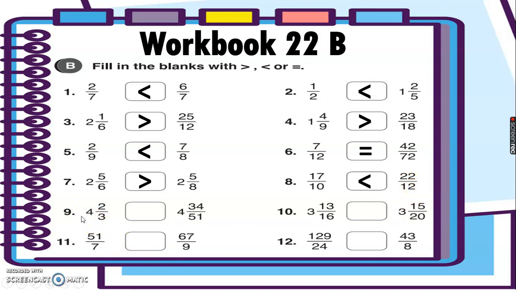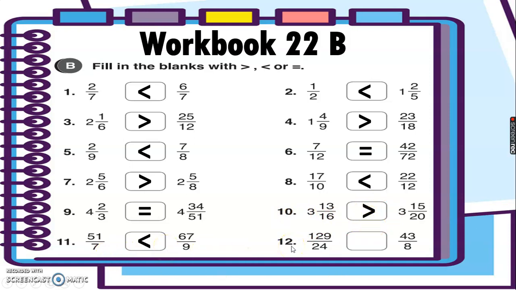Next, number 9, 4 and 2 over 3 and 34 over 51?? So the answer is equal to. Number 10 is greater than. And number 11 is less than.